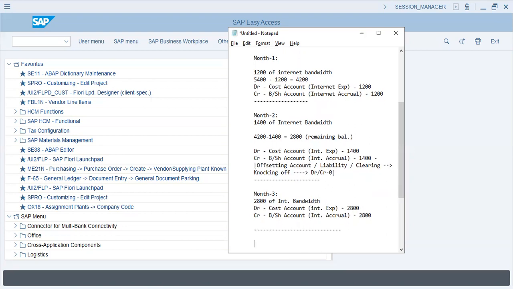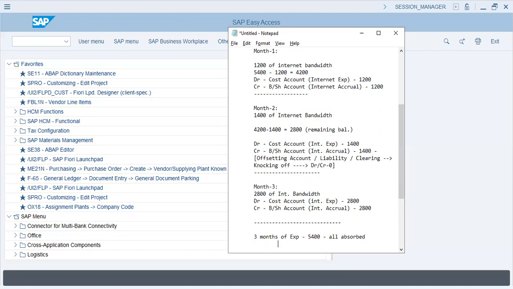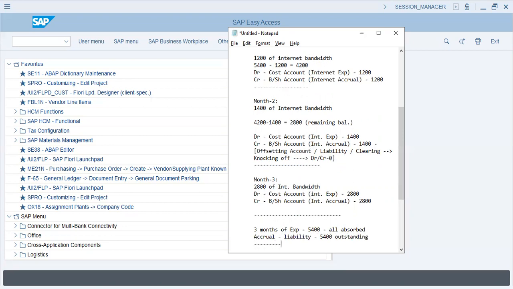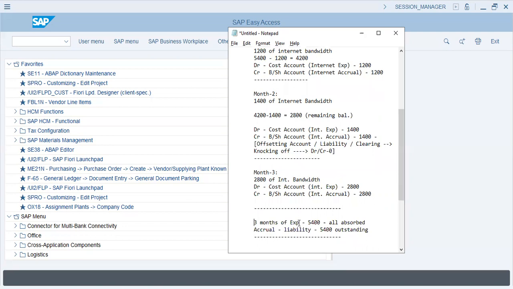Okay. Now, 3 months of expense is now 5400 all absorbed. Plus accrual, which is a liability, you have to clear it, is 5400 outstanding, right? Now you have to clear this. This is gone. This is already done. This is absorbed. Now single entry is remaining.